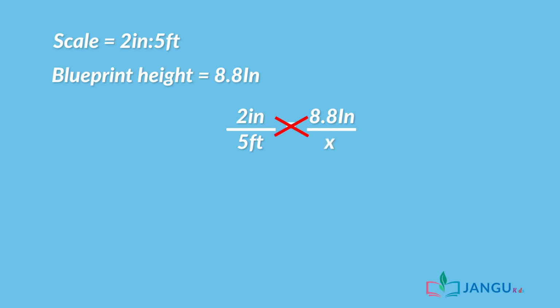If we cross multiply, then we have 2 inches multiplied by x and 5 feet multiplied by 8.8 inches. So, we have 2x is equal to 44.